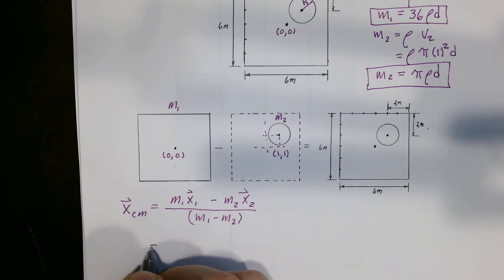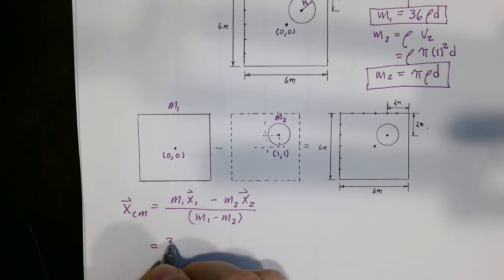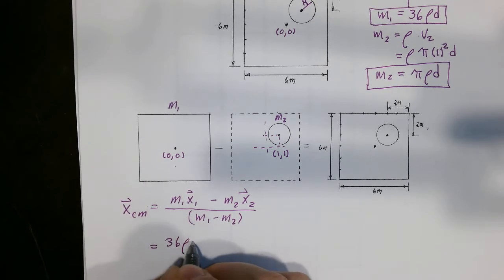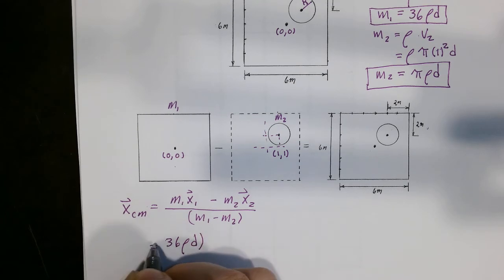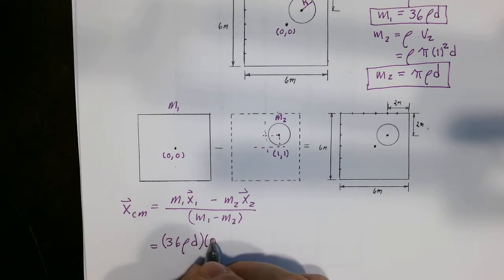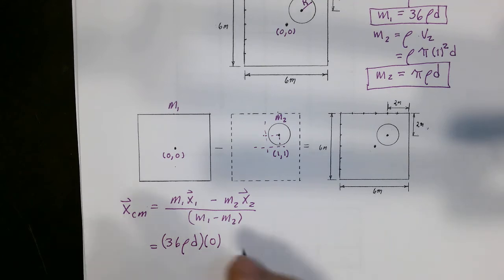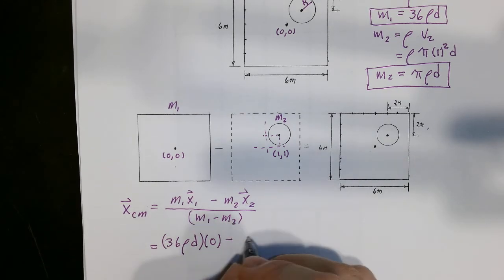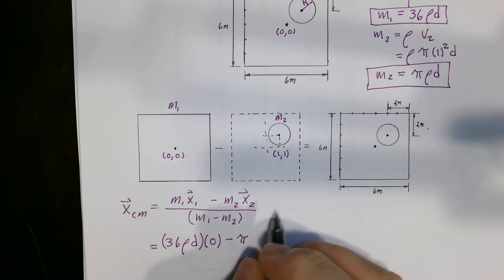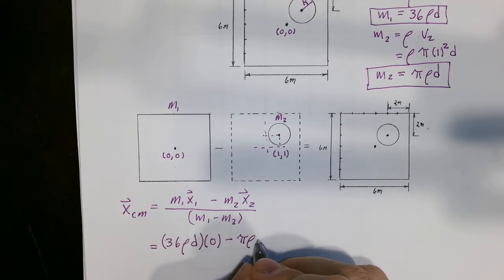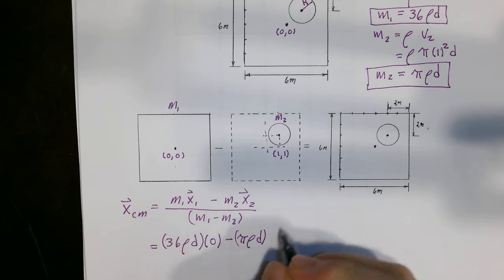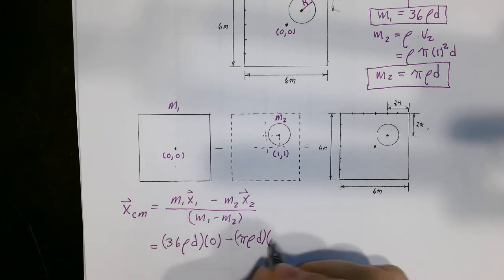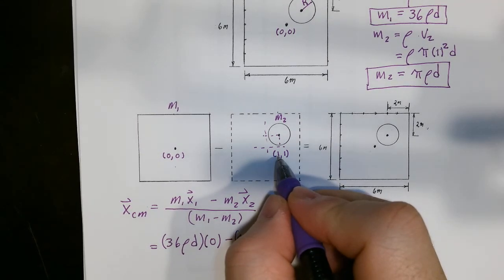Therefore, m1, which is 36 rho d, times x1, 0, minus m2, which is pi rho d, times x2, which is just 1.